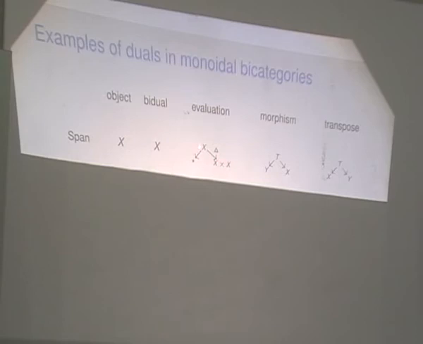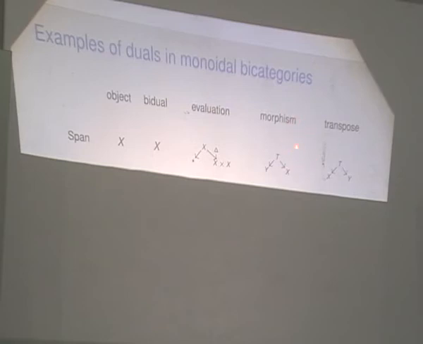So we want a span from X cross X to star, and it turns out you can just take X as the set, take the diagonal map from X to X cross X, and the terminal map from X to the one-point set. The co-evaluation is supposed to be a map from star to X cross X, and that's the obvious thing reversed around.